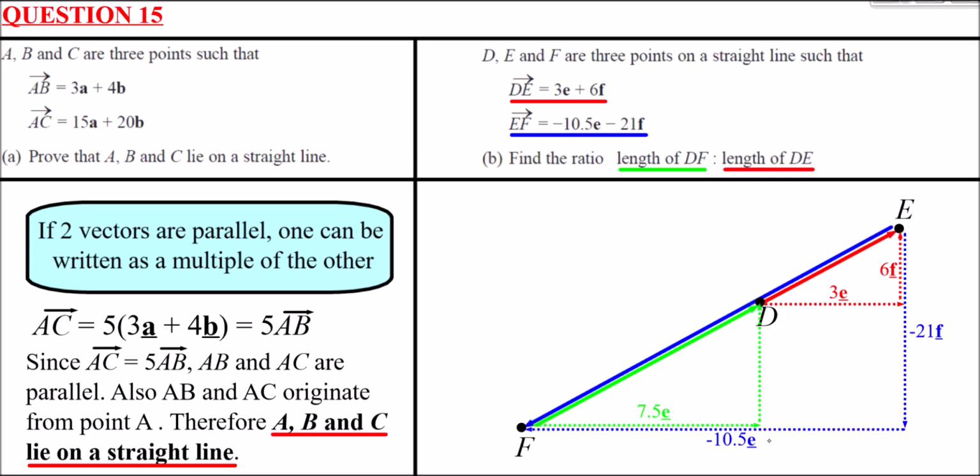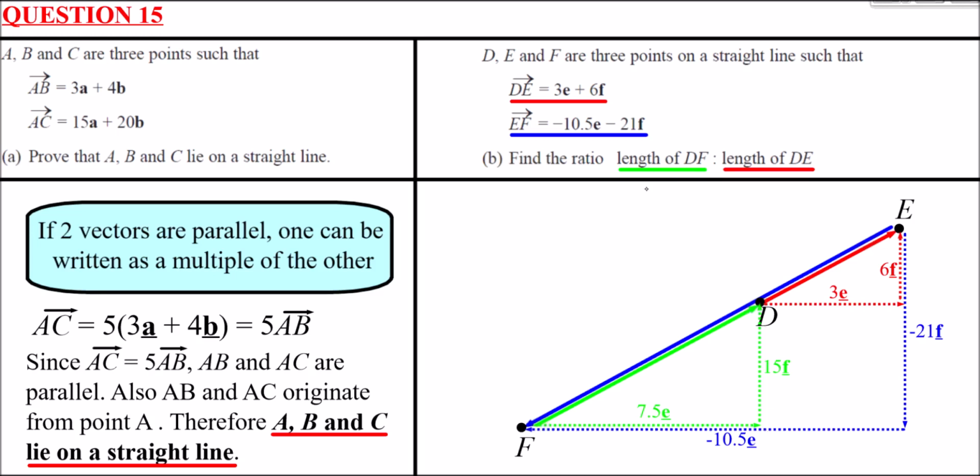Also, in terms of going upwards, from E to F is a change of 21f. You could count going down or count going up. So if this is 6f, this must be the extra 15f. So therefore, the length of DF is 7.5e and 15f.